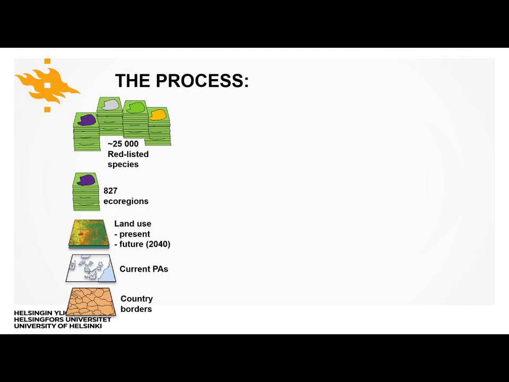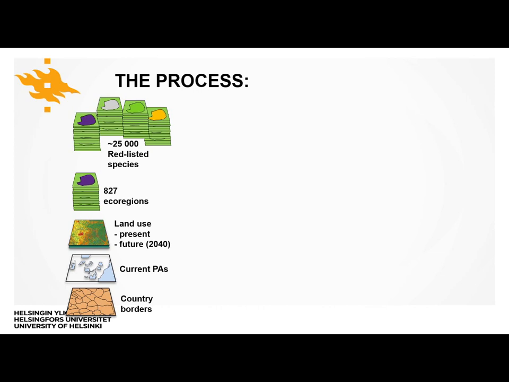We rasterized them into the resolution of 1 kilometer globally, 1 kilometer at the equator. As you know, the scale is always changing depending on the latitude, so 1 kilometer at the equator.